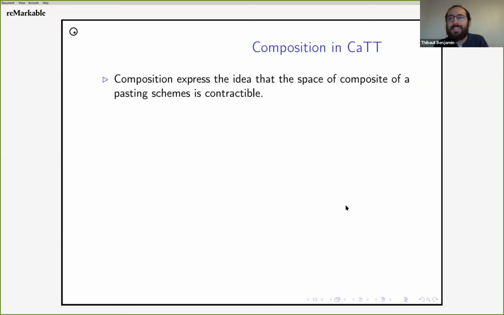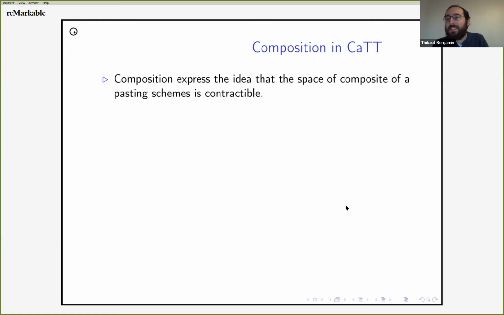It's not exactly clear what contractible means, because remember, we're not in HoTT. We don't have equalities, but we have rewriting relations. But contractible in a sense which would be compatible with rewriting relations. So basically, I'm just saying in a weak-friendly way that the pasting schemes have a single thing to do with them.